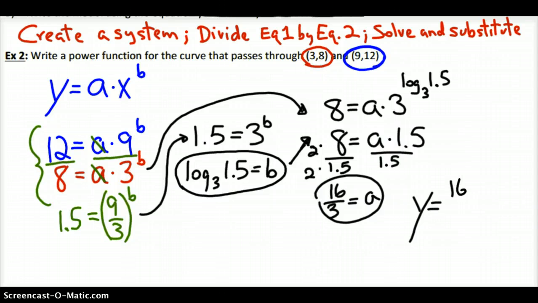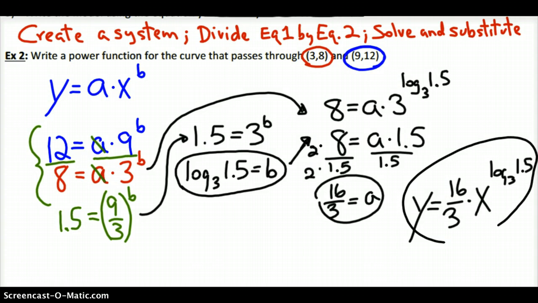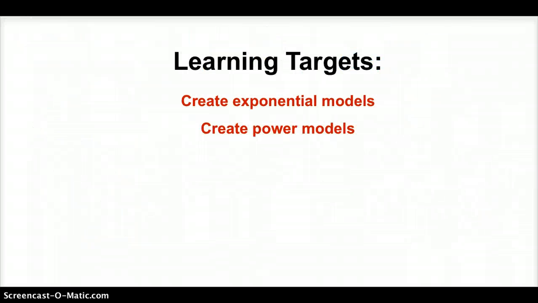I'm going to say I've got 16 thirds times x to the log base 3 of 1.5. Not the nicest looking thing, but it's pretty clean here. So that is how we are going to create exponential and power models.